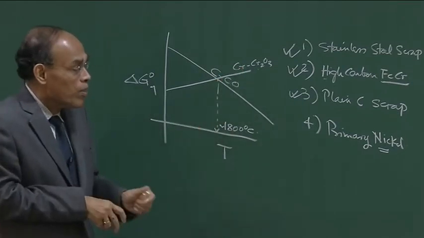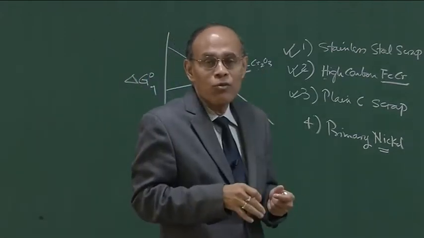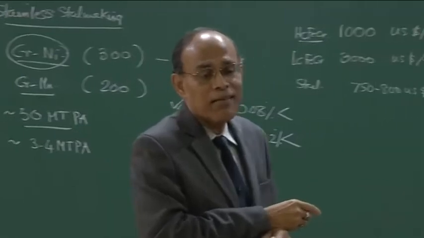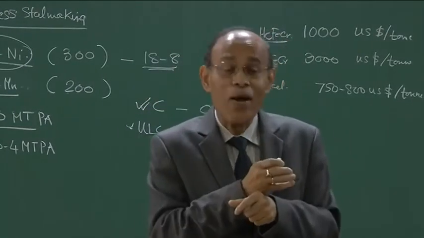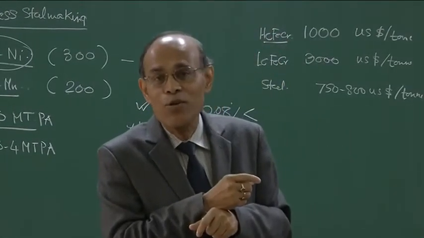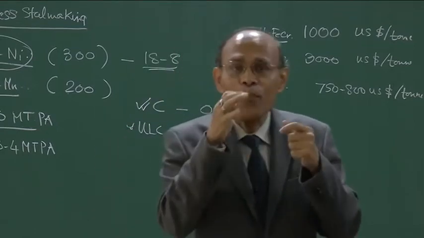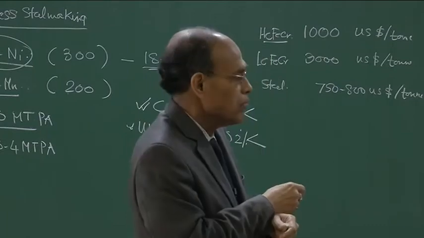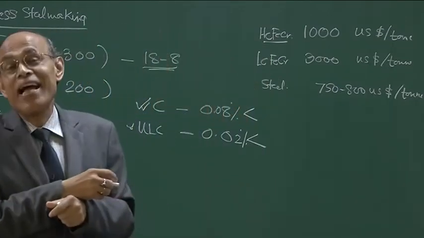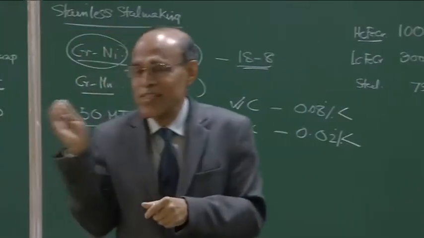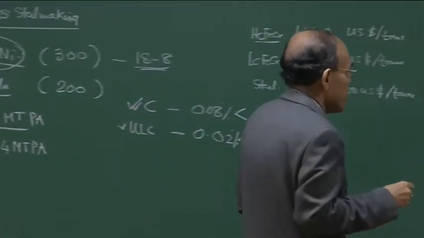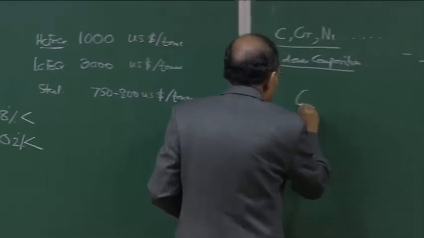So, if you have a mixture which contains carbon and chromium, the temperature must be quite high. At 1600 degrees centigrade, you will not be able to remove the carbon. Your objective is to preferentially oxidize carbon over chromium, but that may not be entirely possible, because such a high temperature is not easy to generate.